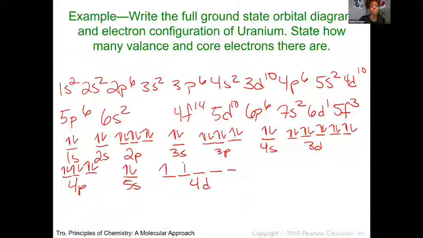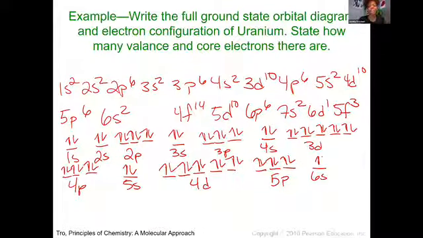So again, fill it all the way up, up, up, up, up, then down, down, down, down, down. 5p, 3 orbitals, up, up, up, down, down, down. 6s, almost done, up and down.